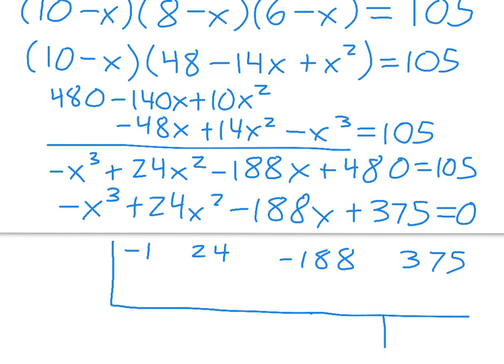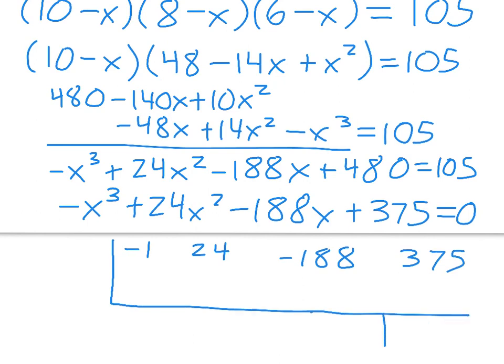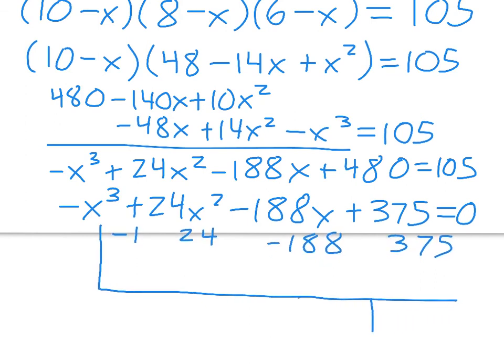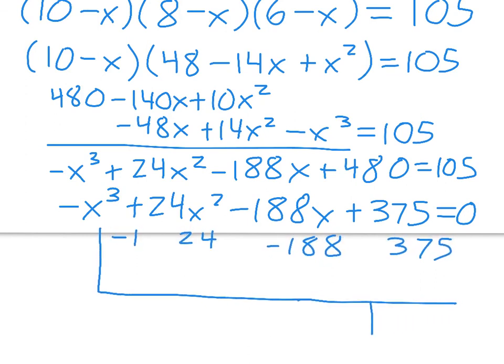And we know that whatever number we choose should be a factor of 375. So 1 doesn't look like it'll work. Negative 1, if you just plug in negative 1, you can look at it and tell that it's not going to work. So 2 doesn't go in, so let's try 3.